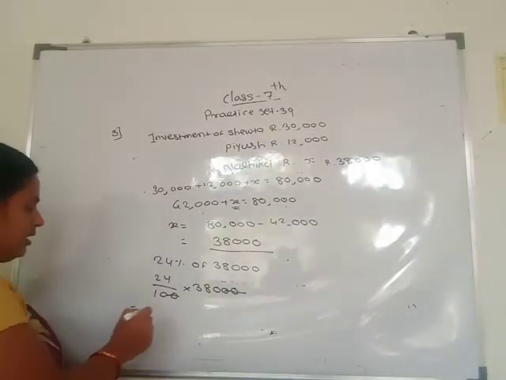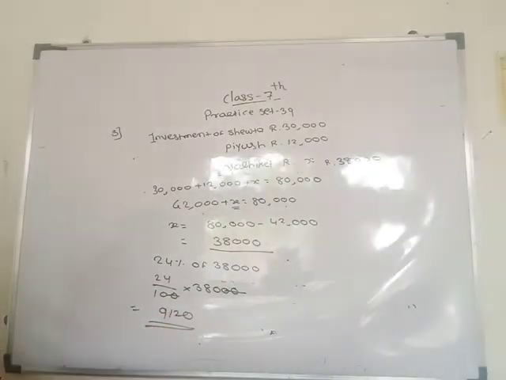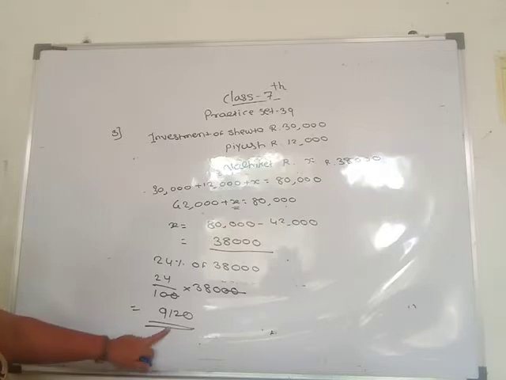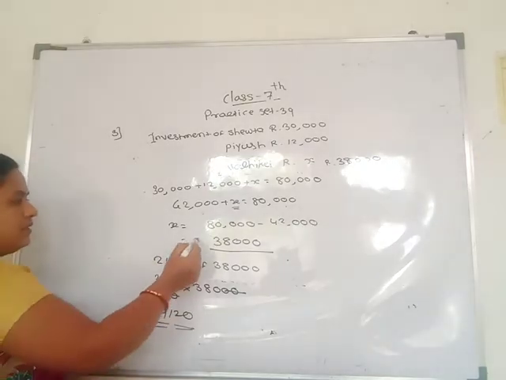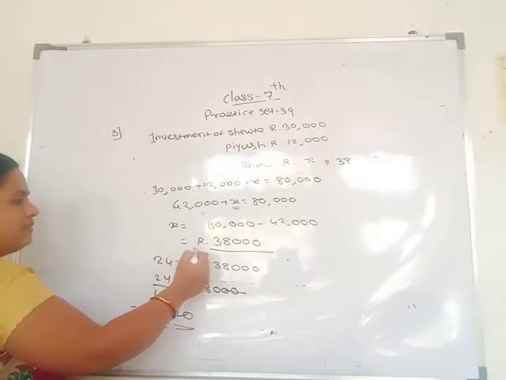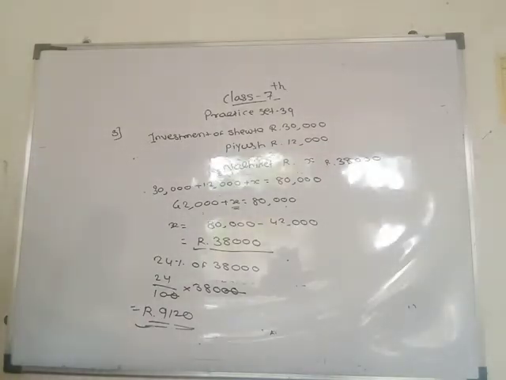The answer is 9,120. Then what was the share? His share of the profit is 9,120 rupees. These two answers: first, Nachiket's investment is 38,000, and second, his share of the profit is rupees 9,120.